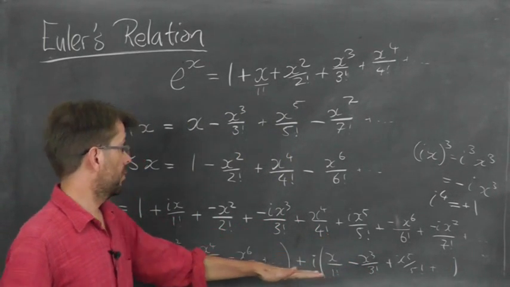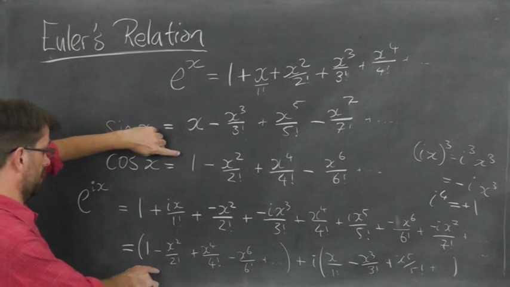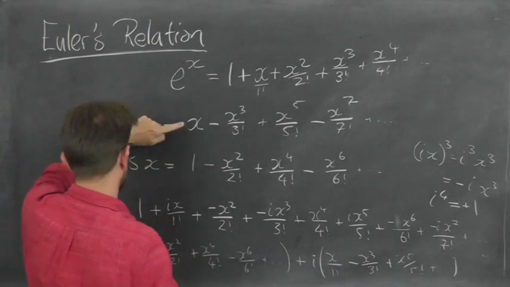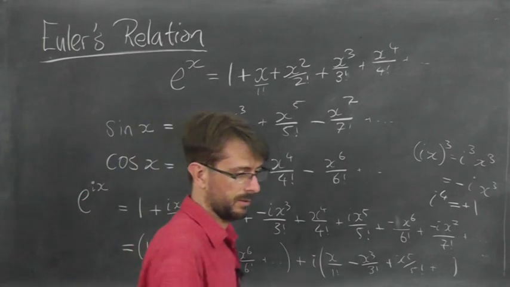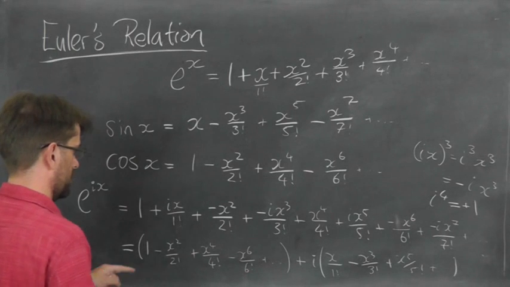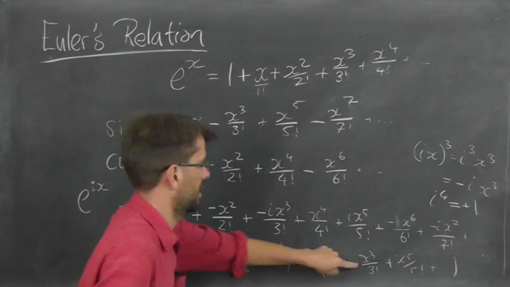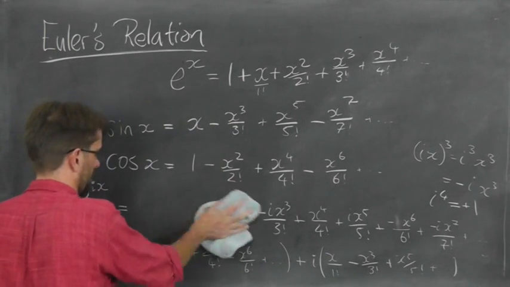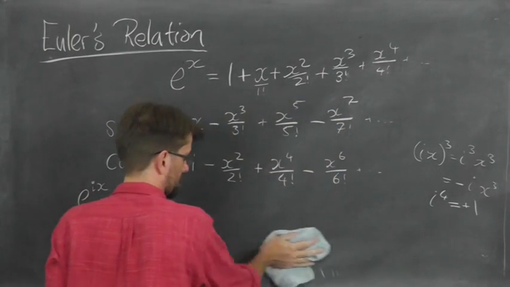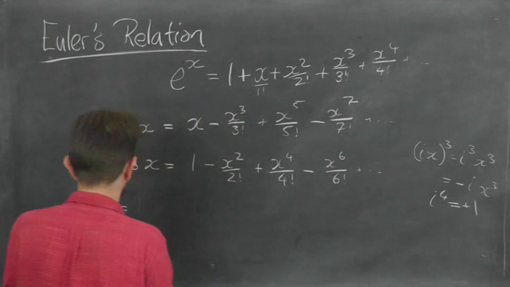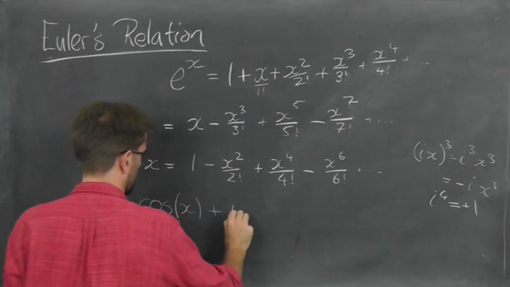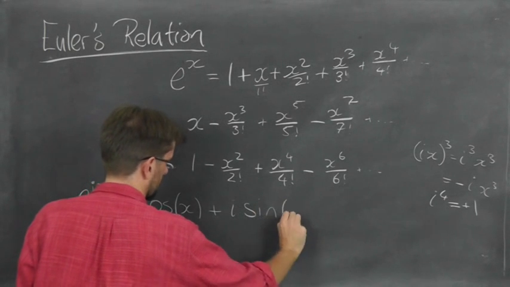So what we have is precisely the cos and I sine. Okay, so let's just rewrite that. So that's just cos and that's sine. So putting that all together, this is just cos x plus I times sine x.